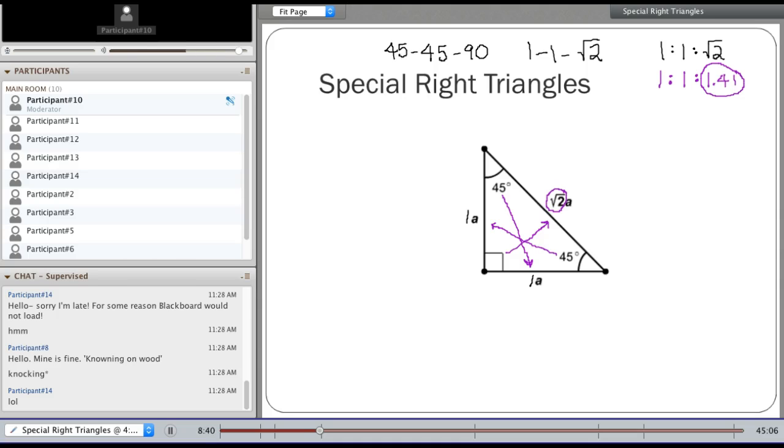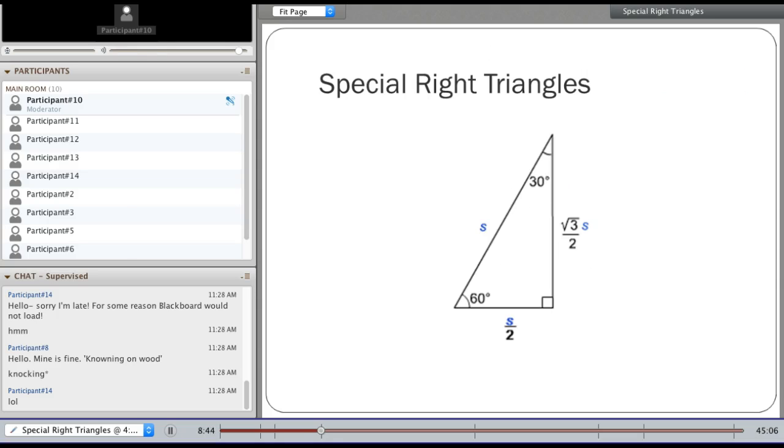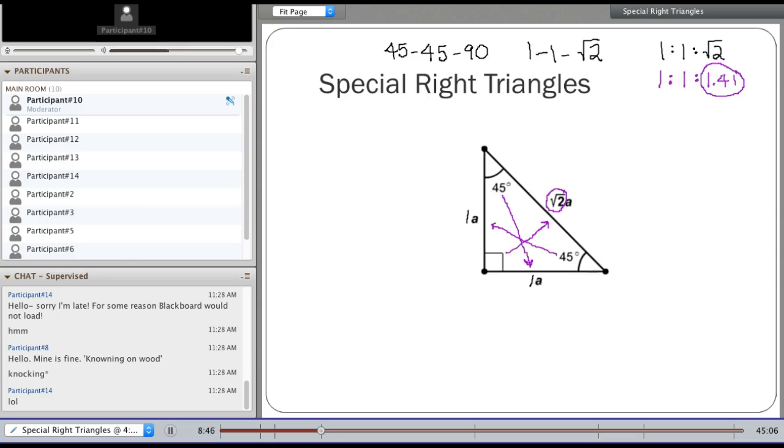Okay, so how do we use this? Let's say on this screen here, I told you that you knew this side was a length of 5, and I said, find the other two sides.